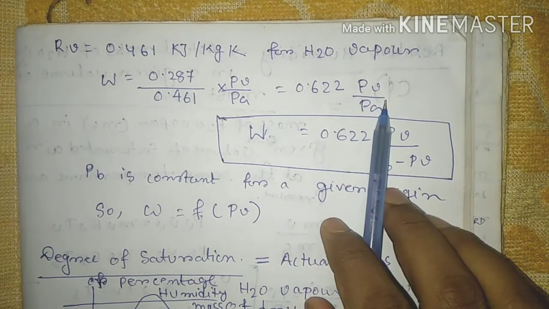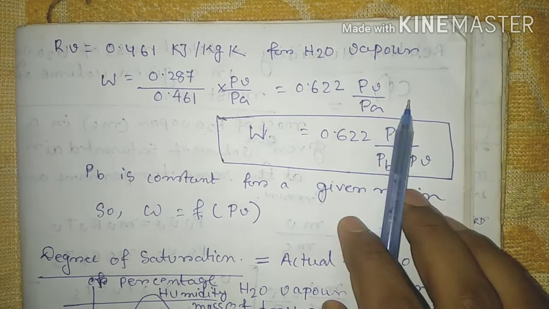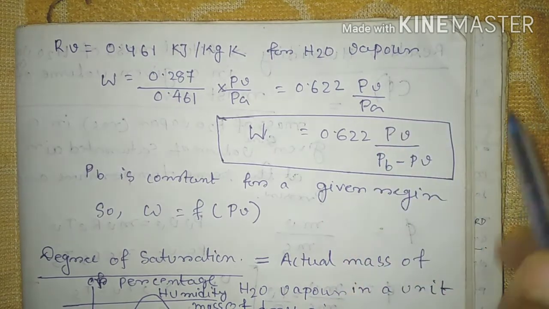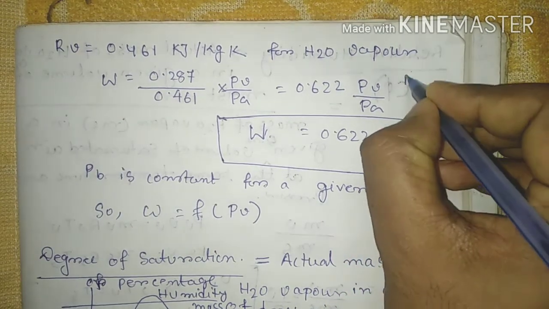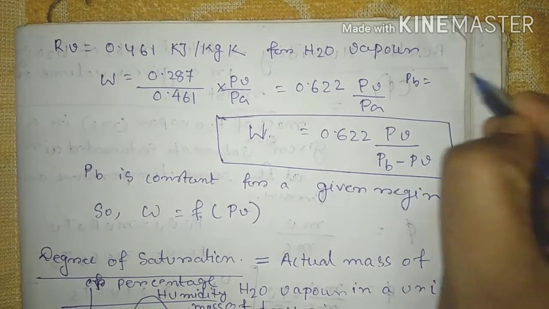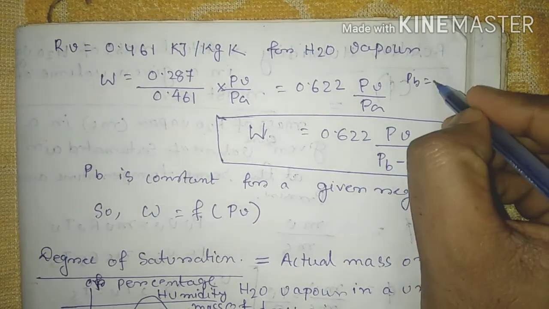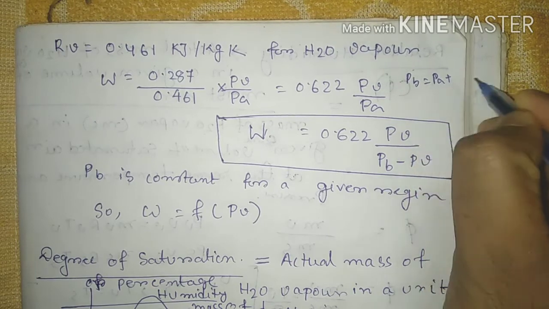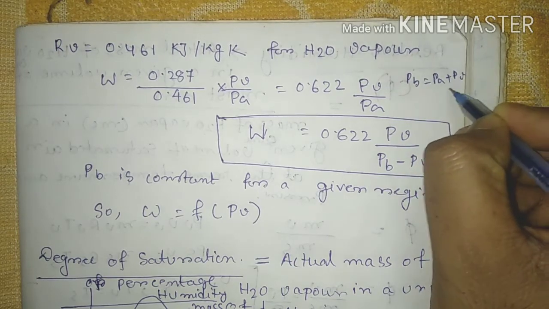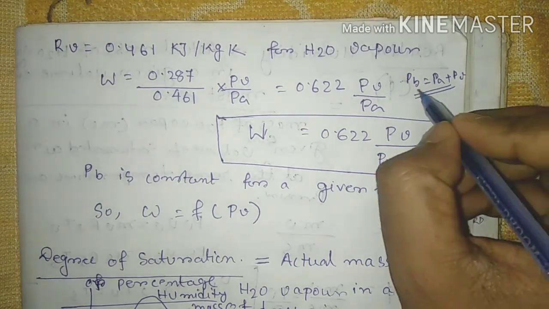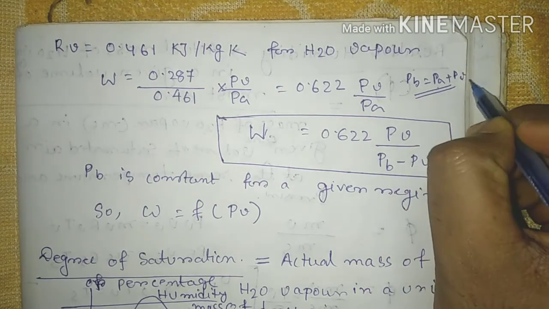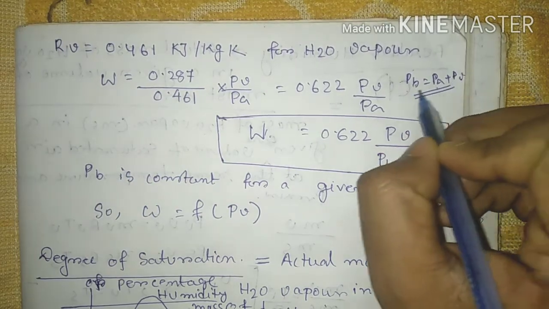Now from Dalton's law of partial pressure, PB is equal to PA, that is the partial pressure of dry air, plus PV, the partial pressure of water vapor. So PB is equal to PA plus PV, so PA is equal to PB minus PV.